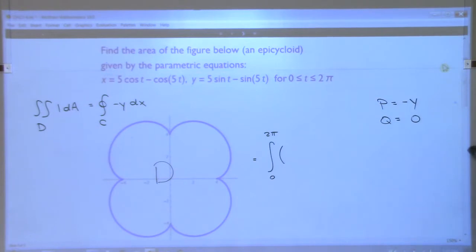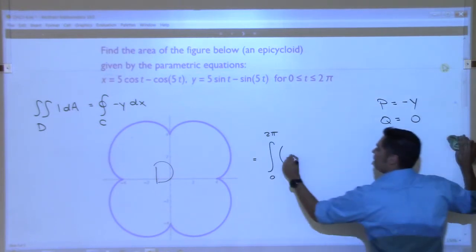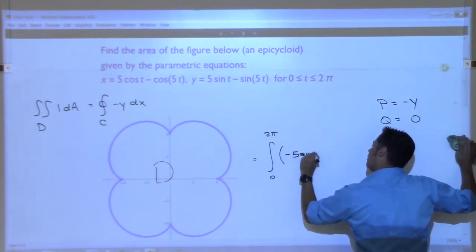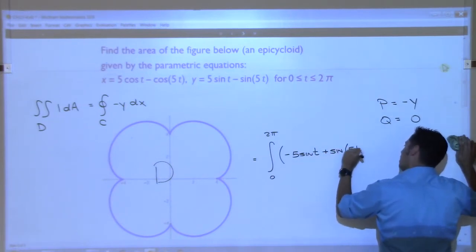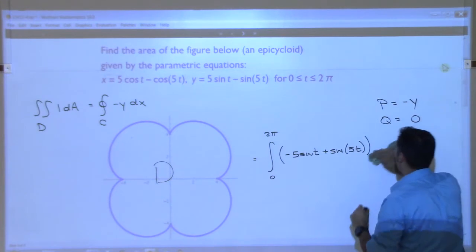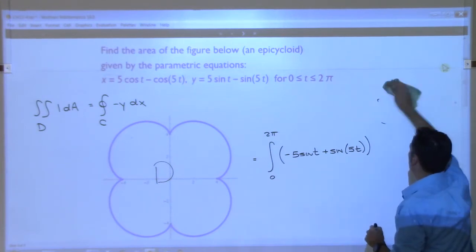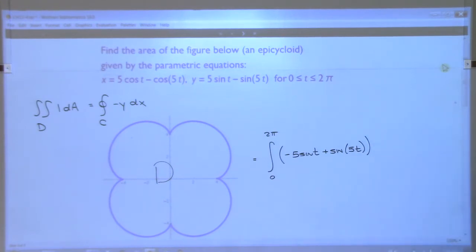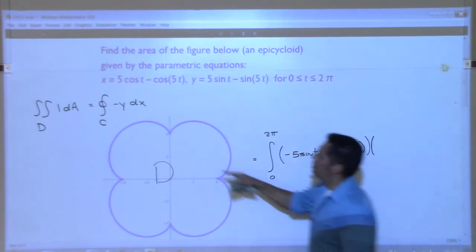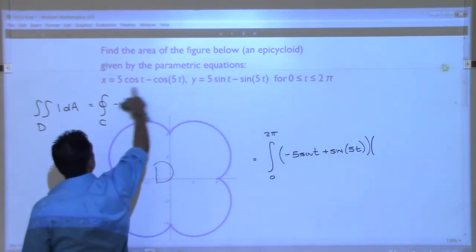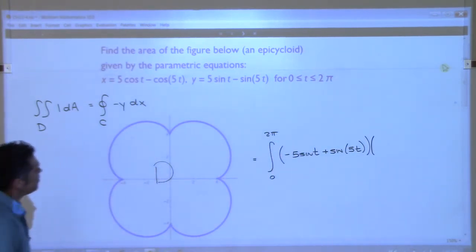So what's negative y for us? Negative 5 sine t plus sine 5t. Okay. And then we're going to multiply that by dx. Now dx I didn't write down on the board, but we can just do it up here. Derivative of this with respect to t would give us what?